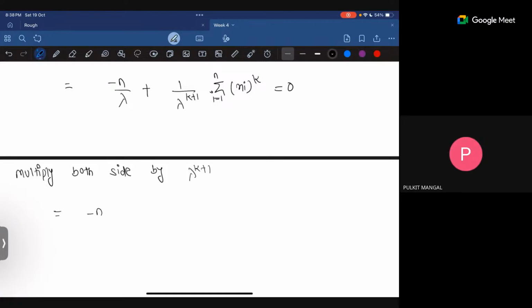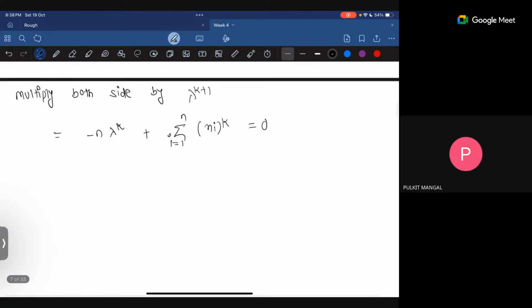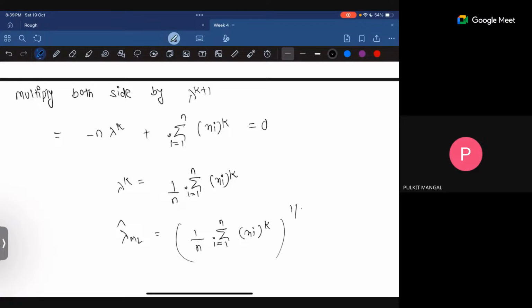So we'll get minus n lambda power k plus summation from i equal to 1 to n xi power k equal to 0. Now it's easy to simplify. We get lambda power k equal to 1 by n summation from i equal to 1 to n xi power k, and lambda MLE is 1 by n summation from i equal to 1 to n xi power k, the whole power 1 by k.